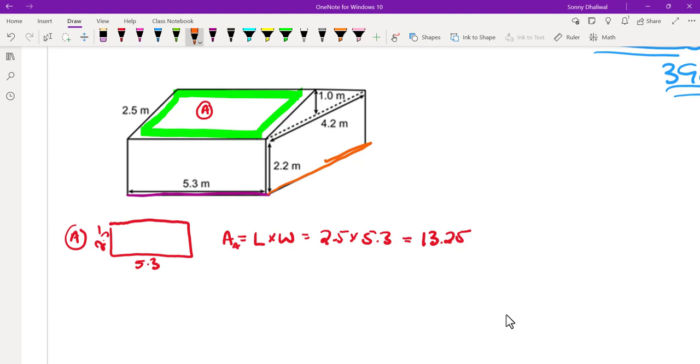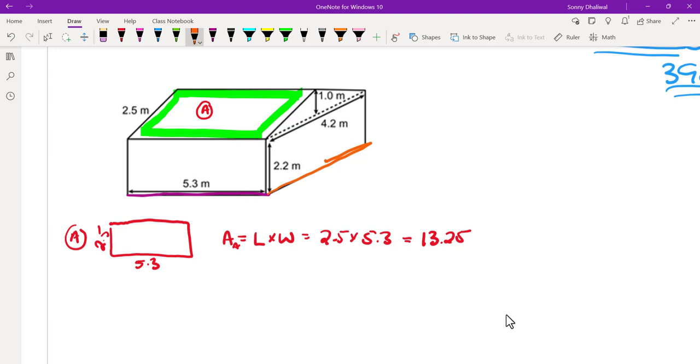If you imagine this as a house, and A is the roof of the house right here, does this get repeated anywhere else? On the opposite side.